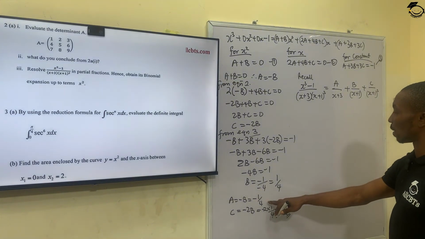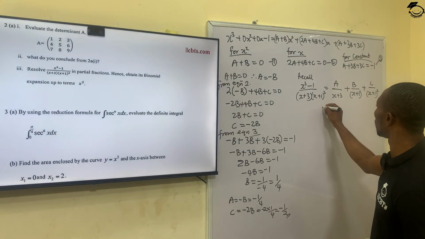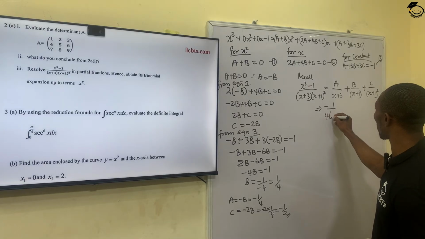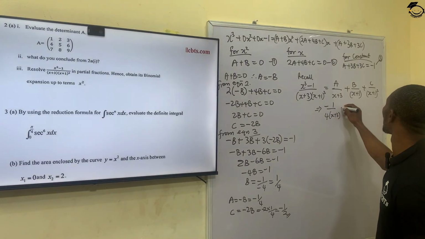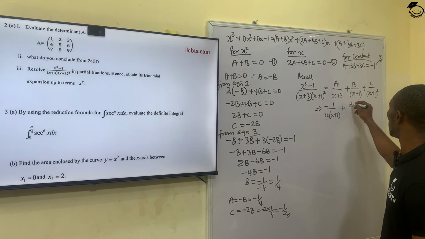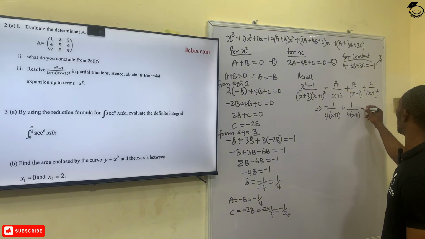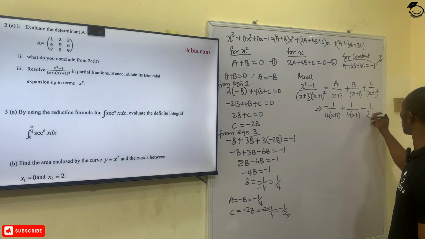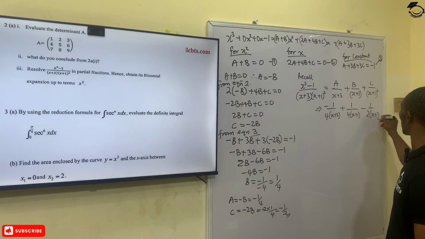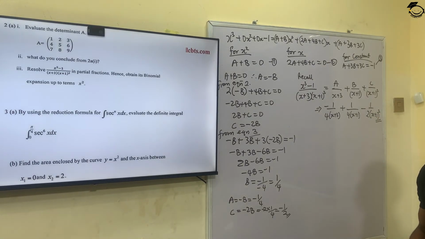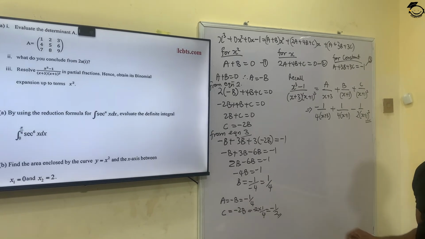Now, imputing our values, we would have it as minus 1 over 4 bracket x plus 3, plus b, which is 1 over 4 bracket x plus 1, minus 1 over 2 bracket x plus 1 all squared. So with this, we've resolved our partial fraction.